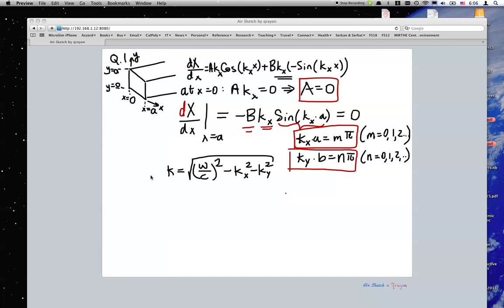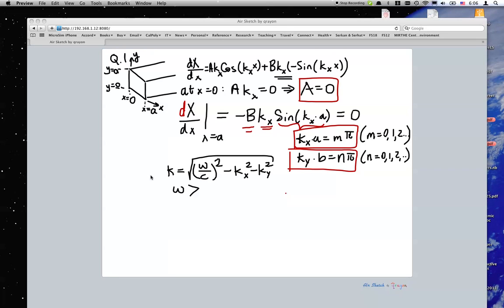So if I write this condition, omega needs to be greater than, these all have pi, m pi over a for kx, or n pi over b for ky.